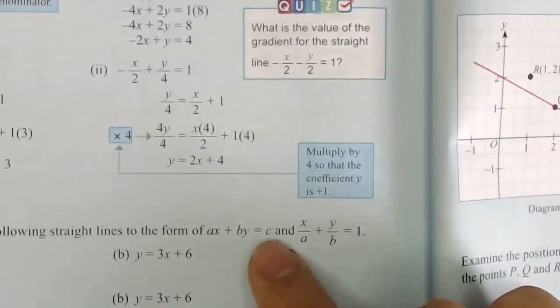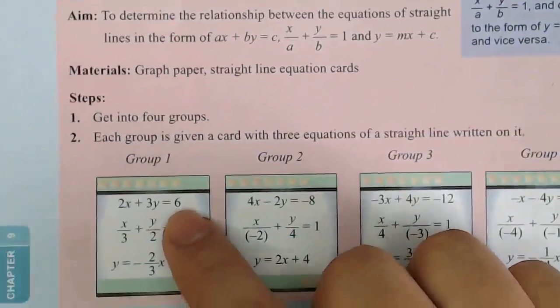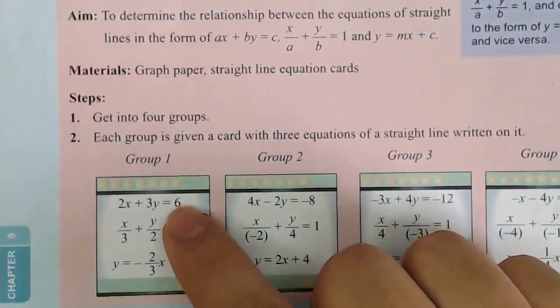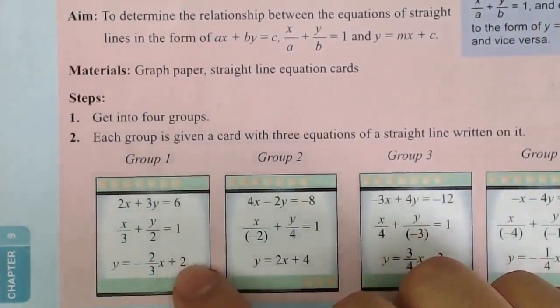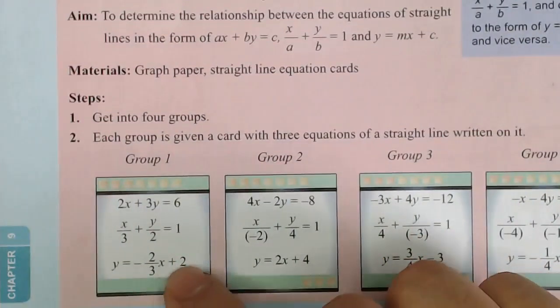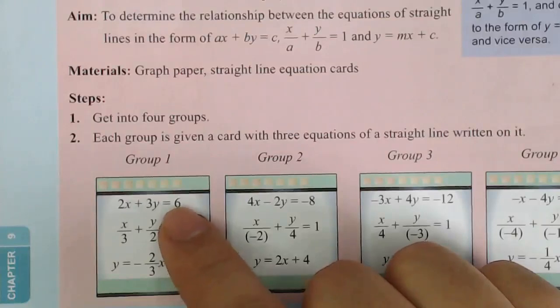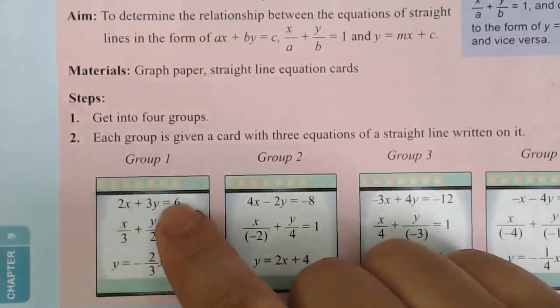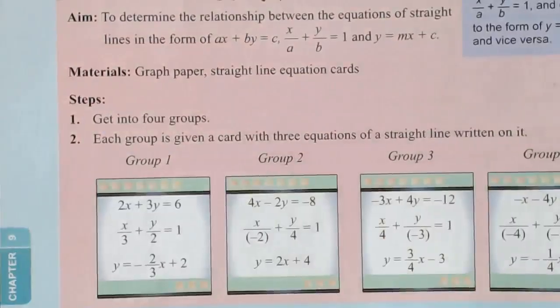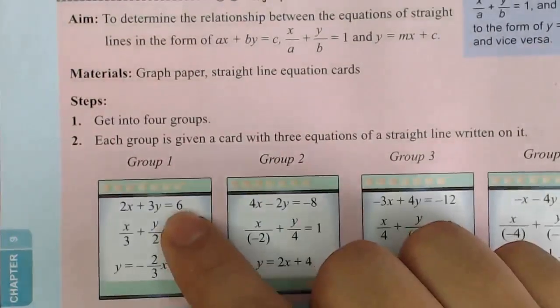Here you got C. Do not confuse this C here with the C in this form. This C here is meant for the y-intercept, 2, while this C here is only a regular variable C, A, B, C. Do not take this as the y-intercept.